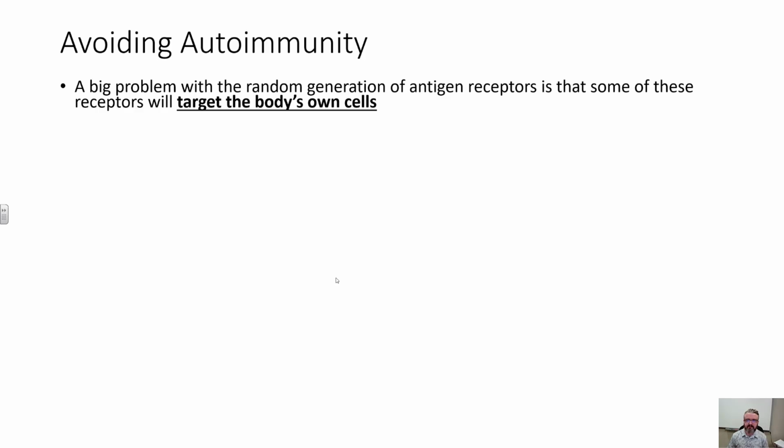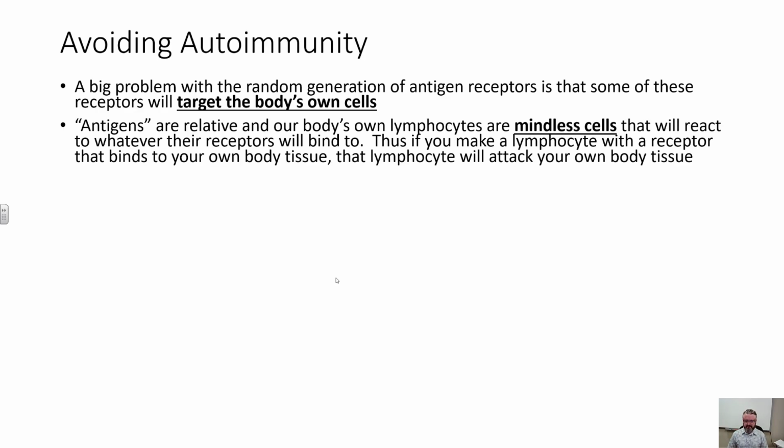Since these receptors are randomly assembled, they could theoretically respond to any kind of organic material, including your body's own cells. Now, this is anticipated, so the body has a way of dealing with this. But this is one of the problems that arises with this mechanism.